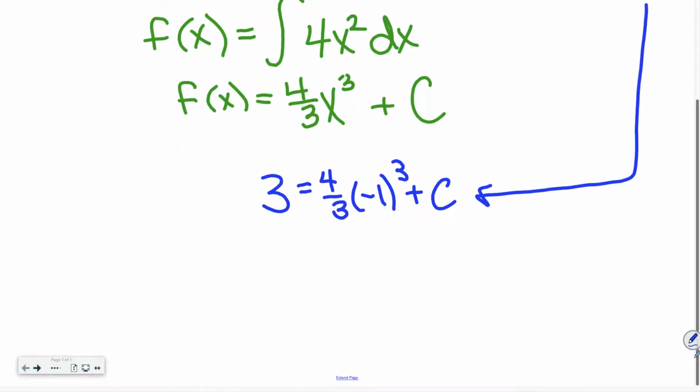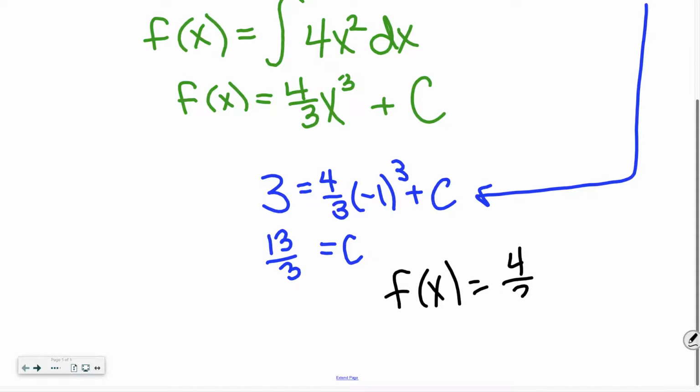What does that mean about our C value? This ends up being negative 4/3. If we add that over to 3, what do we have? Okay. So our particular solution is f of x equals 4/3 x cubed plus the C value that we found.